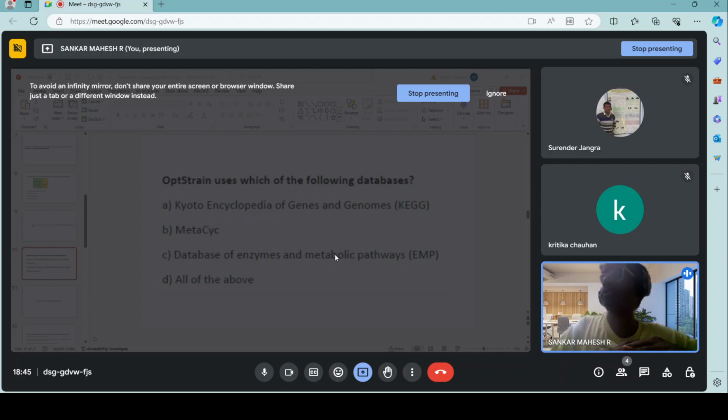How Opstrain functions is first reactions and genes from the databases are added.